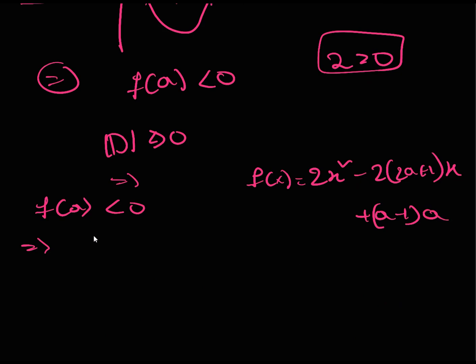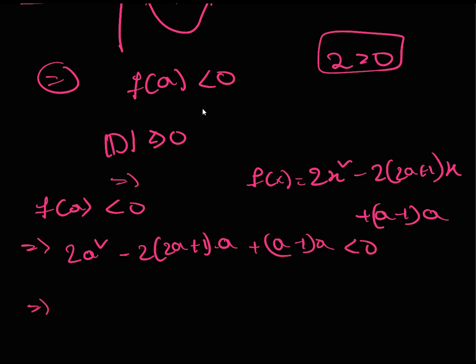Now f of a will be 2a square minus 2 times (2a plus 1) into a plus a minus 1 into a, which should be less than 0.